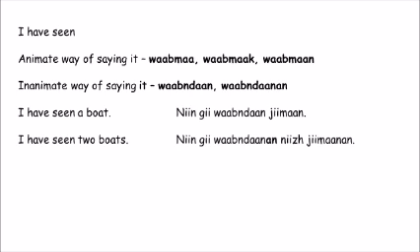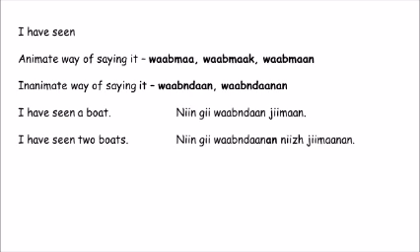Now, if it's more than one thing that you see that is not alive, that is inanimate, you have to put an AN at the end of waabndaan, which makes the sound waabndaanen. That means you've seen more than one. For example, I have seen two boats.